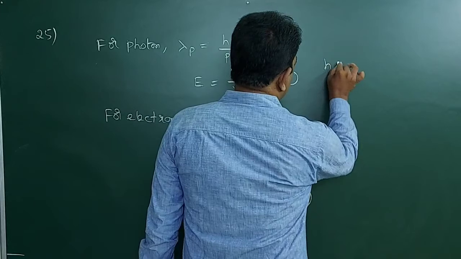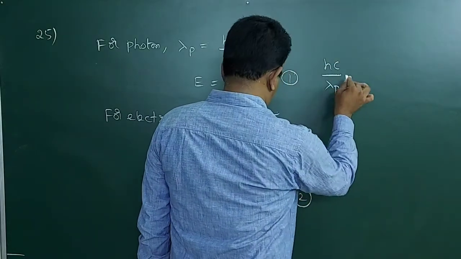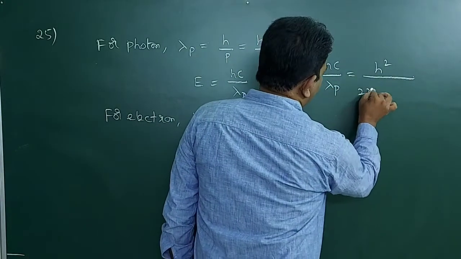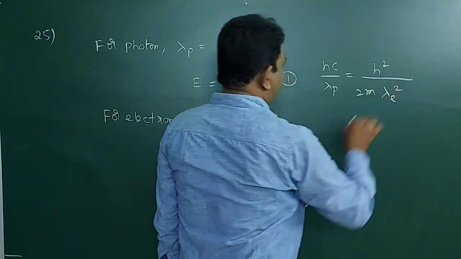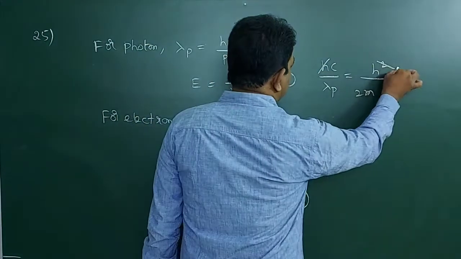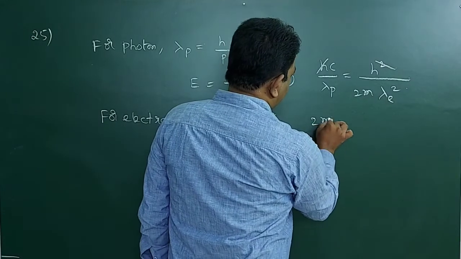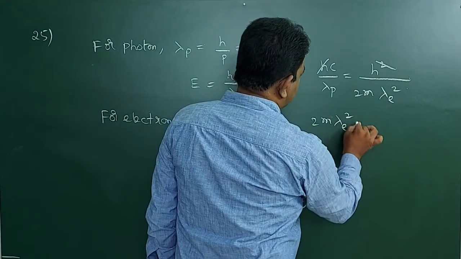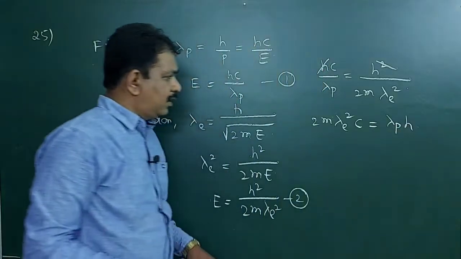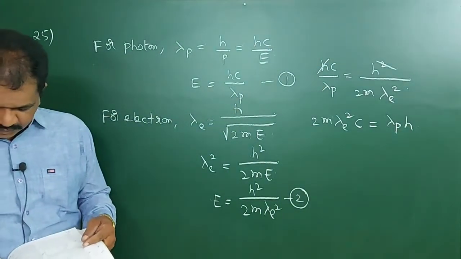So hc by lambda P is equal to h square by 2m lambda E square. h will cancel. So 2m lambda E square c is equal to lambda P into h.